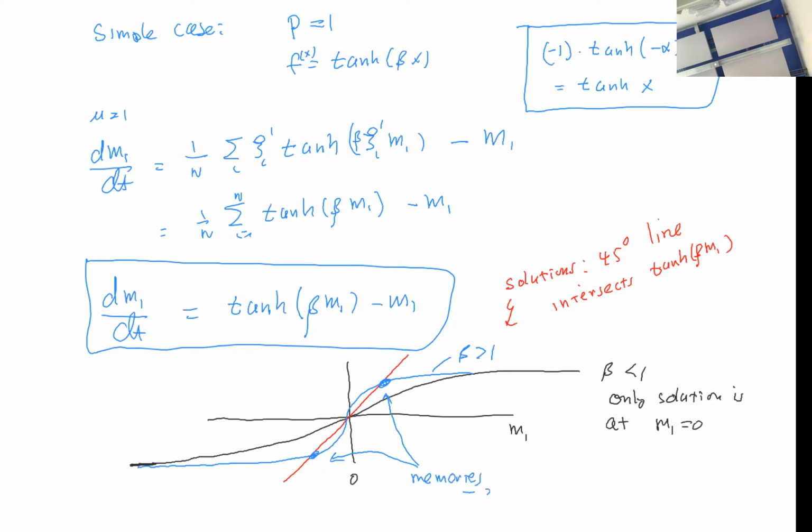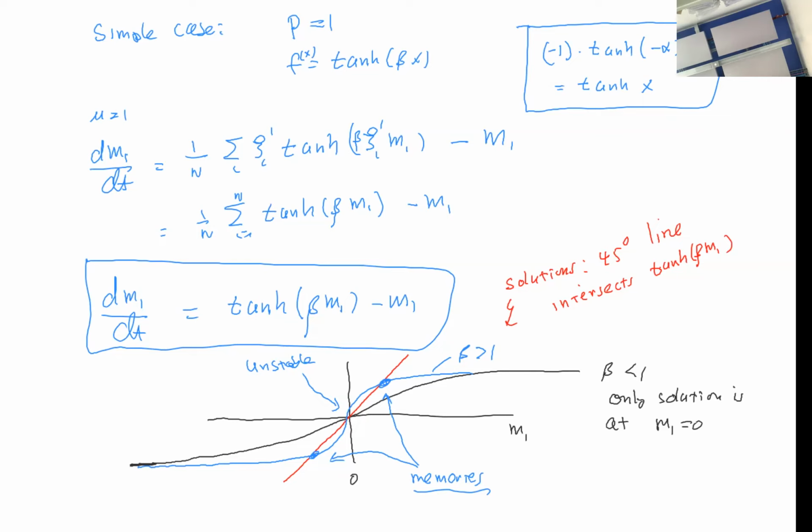Patterns of activity that are going to stay there forever. And remember, to find stability, we just need the slope here. So we need to look at linearized dynamics. So these are stable and this is unstable. So even though we have an n-dimensional system, we've reduced it to a one-dimensional problem.